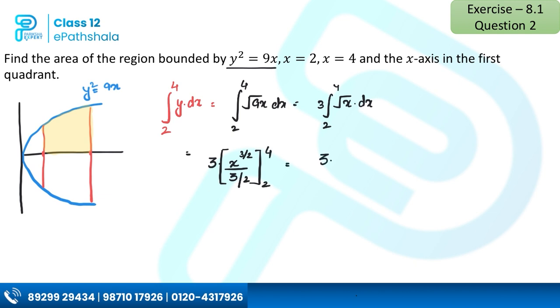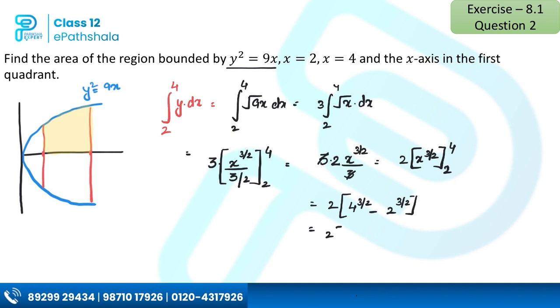Hence, we can simplify it as x to the power of 3 by 2 upon 3. 2 can be written here, where 3 and 3 will cancel out, and the limits will be x to the power of 3 by 2 from 2 to 4. We have already done this in definite integrals, how we solve these limits. The first thing is we will substitute the upper limit. It means 4 to the power of 3 by 2 minus 2 to the power of 3 by 2.